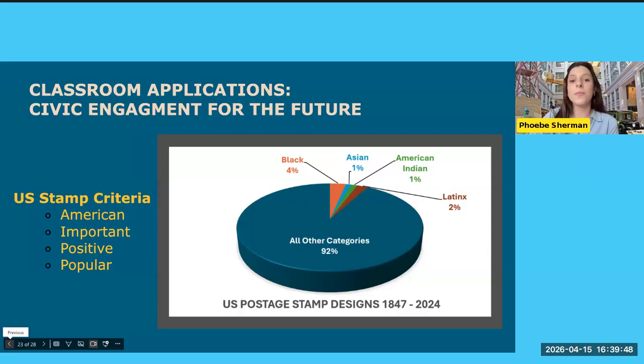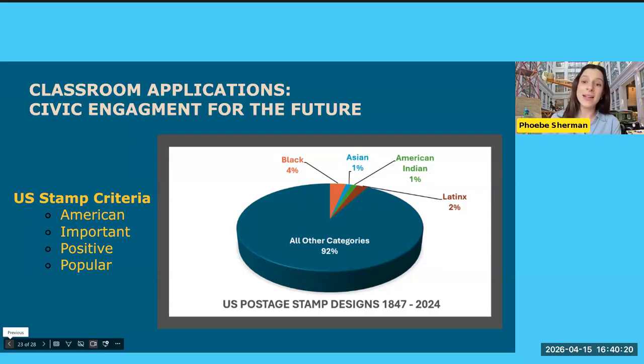As I mentioned in the last slide, we haven't always succeeded in creating a truly holistic national gallery, to use that metaphor. And I will say that in looking at this data, it is really important to consider that the all other categories section includes things like animals, places, holidays. So that is really inclusive of all other categories, not just individual stories.